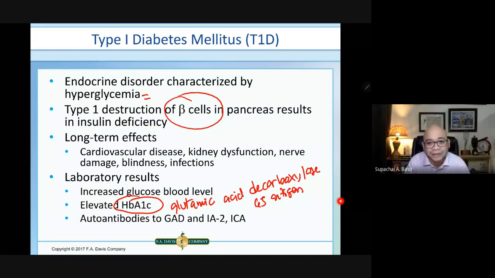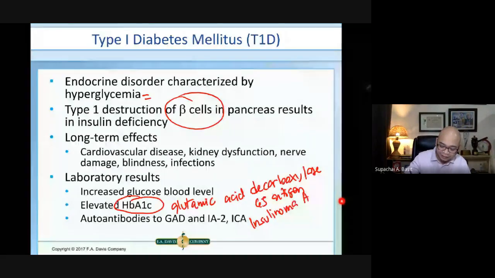So that's the reason why it is considered to be an autoimmune disease. And sometimes patients would also develop antibodies to IA2. IA2 means insulinoma antigen 2.